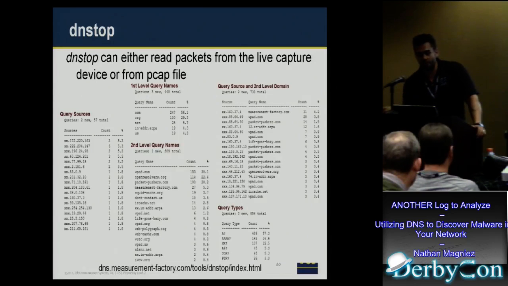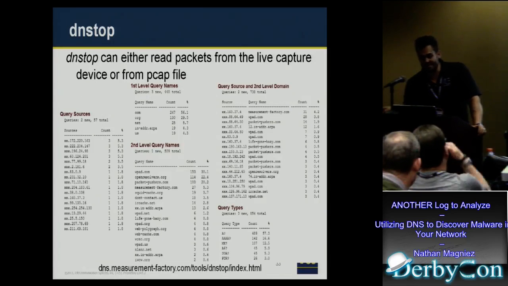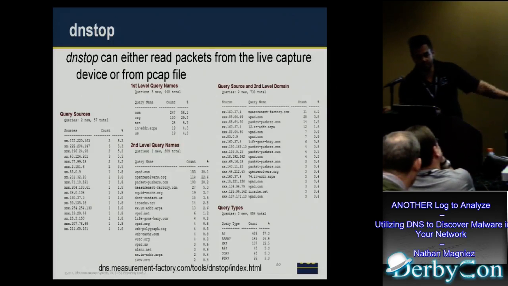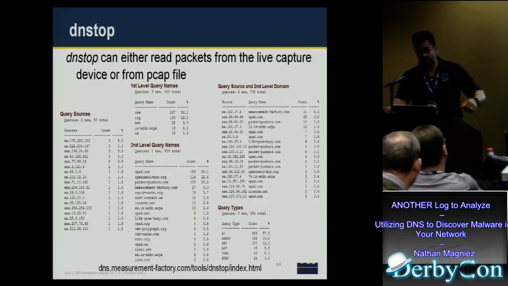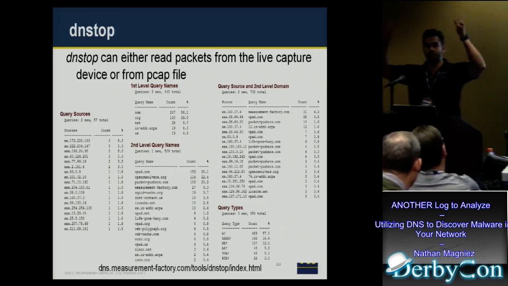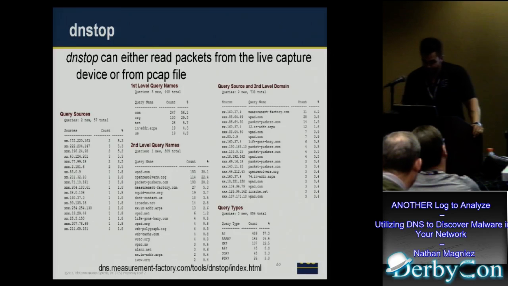Here's just a sample output of what you could see utilizing DNSTop. So your query sources, where they came from, the count, the first level query names in the middle there, the second level query names as well. So you can see from a high level view where my main traffic is being queried out to, or where my users are querying out to, and what's being resolved. The second level domains as well.